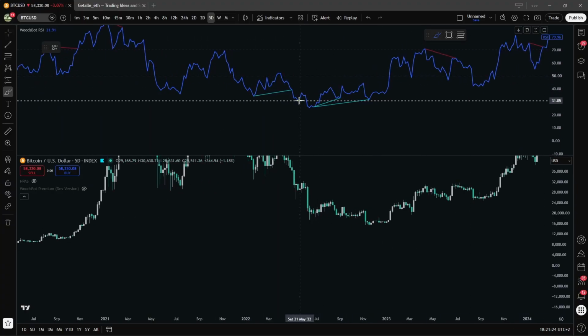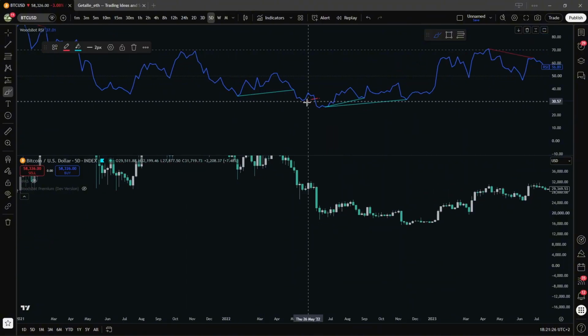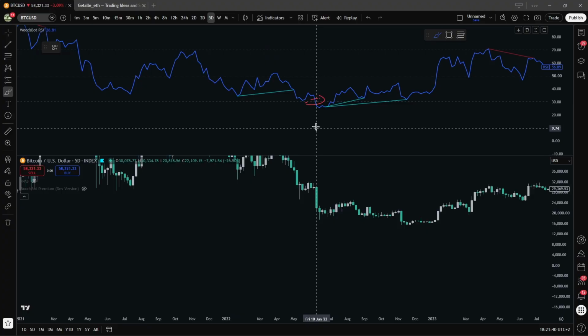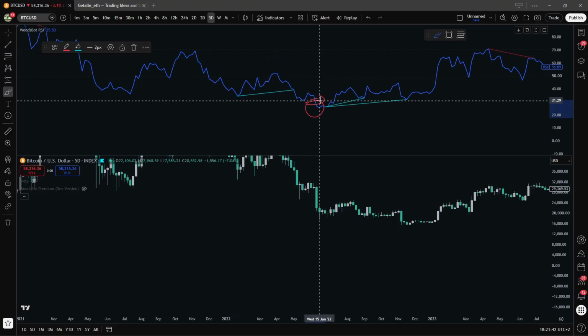So once again, the RSI is accepting into the oversold area, the opposite of the overbought area. So it's accepting under the 30 mark. And you can see, okay, people would probably go long right here, right? Just because the RSI is oversold, they think, okay, I can just long.